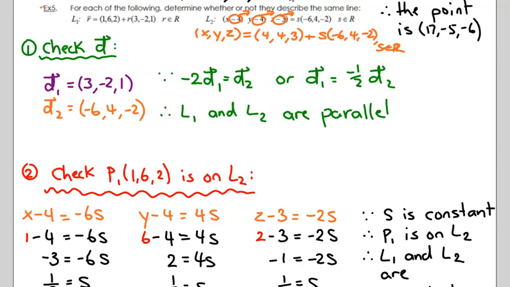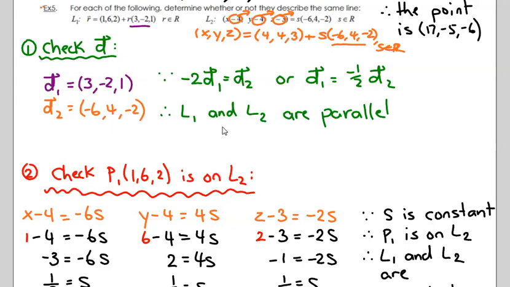We also have our other line. Okay, so the direction vector, which I just underlined, and this one's direction vector right here, we want to compare them and see if they're scalar multiples, because if they're scalar multiples of each other, that means they're parallel.